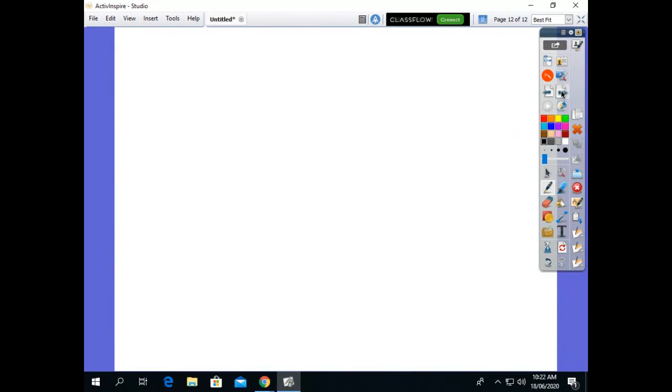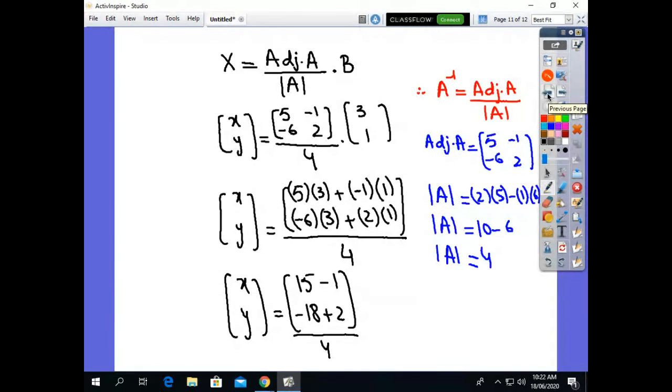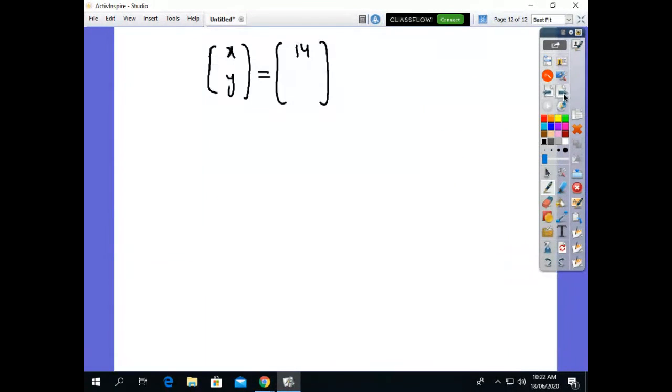It becomes X, Y equal to 14 and negative 16, divided by 4. 15 minus 1 becomes 14. Negative 18 plus 2 becomes negative 16.